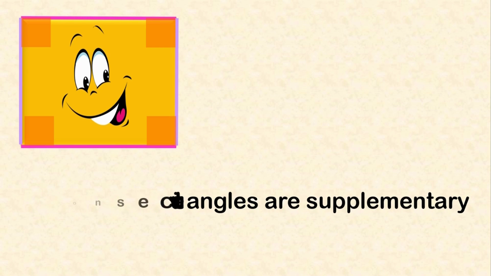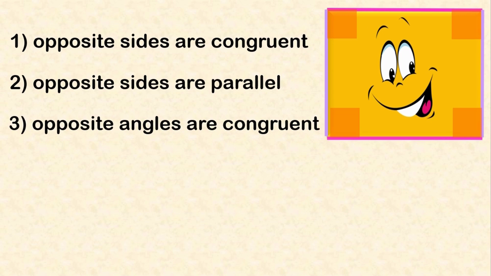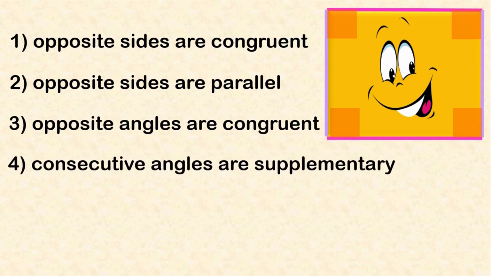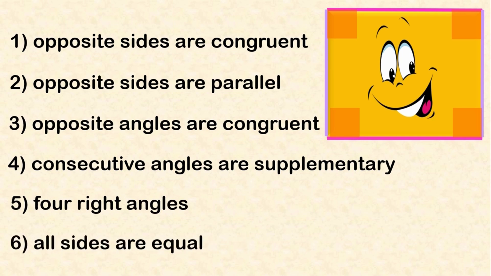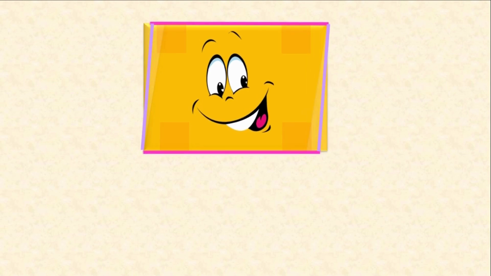Also, consecutive angles are supplementary. So we see all features of the square here, and one of them is specifically for the square, which is that all sides are equal.